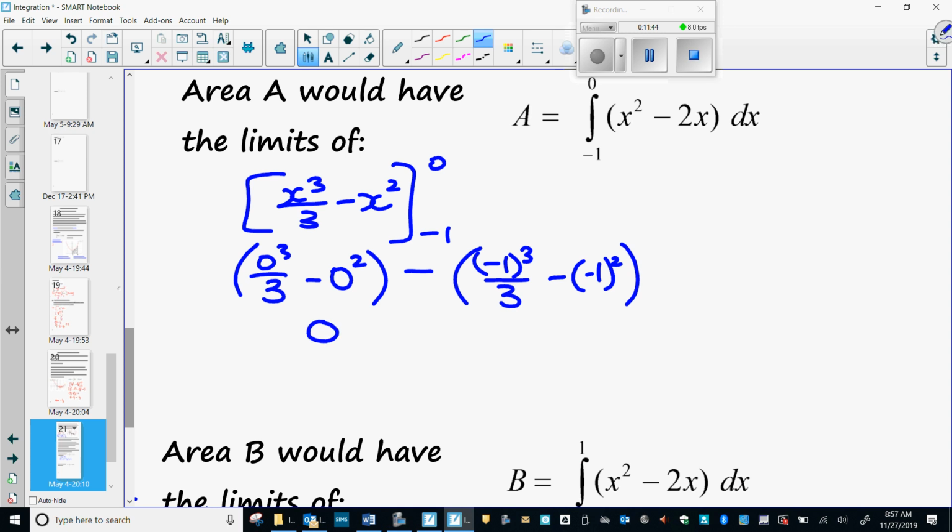So this is 0, subtract negative 1/3 minus 1. 0, subtract negative 4/3. So that gives a positive 4/3 value. We expected it to be positive because we knew it sat above the x-axis between the 0 and negative 1.